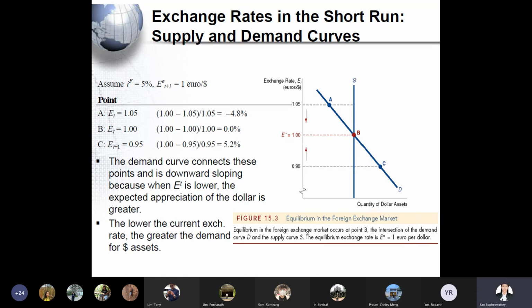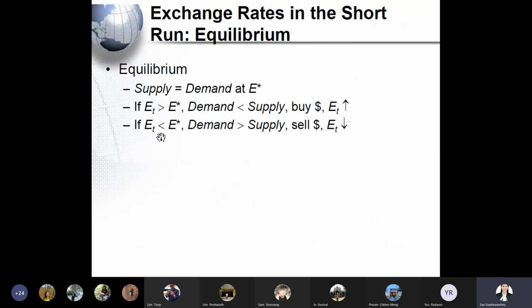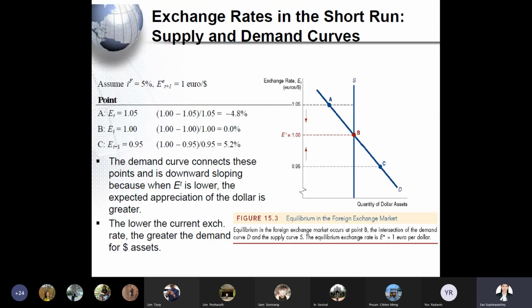And the other way around, if, for example, we have an E2 smaller than the equilibrium exchange rate, for example at point C here. You can see that it's just the other way around. When you start from here, you have more demand than supply.